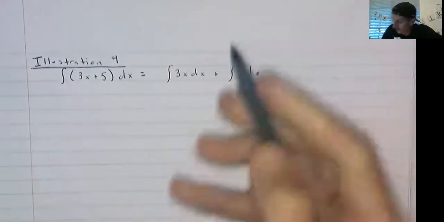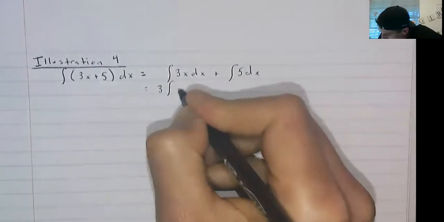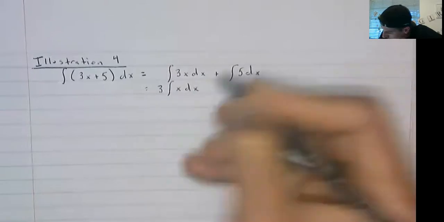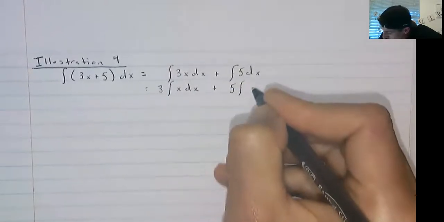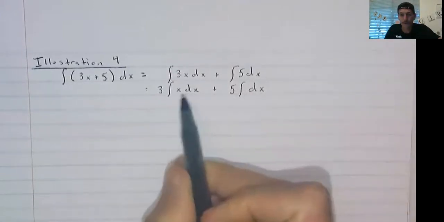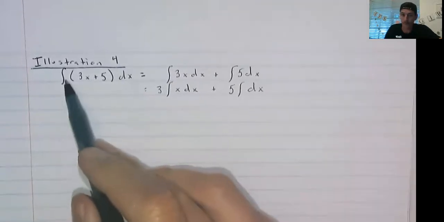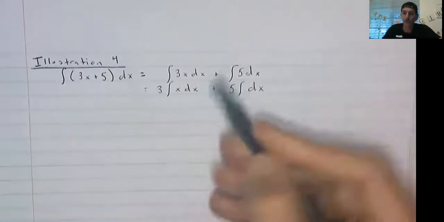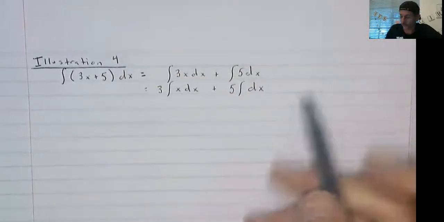Pulling out our constants here, we have 3 times the antiderivative of x. And we have 5 times the antiderivative of just 1 here. Okay? So now we can actually take these antiderivatives. Again, eventually, we'll just go to the good part, but this is the nuts and bolts of how we're getting there.